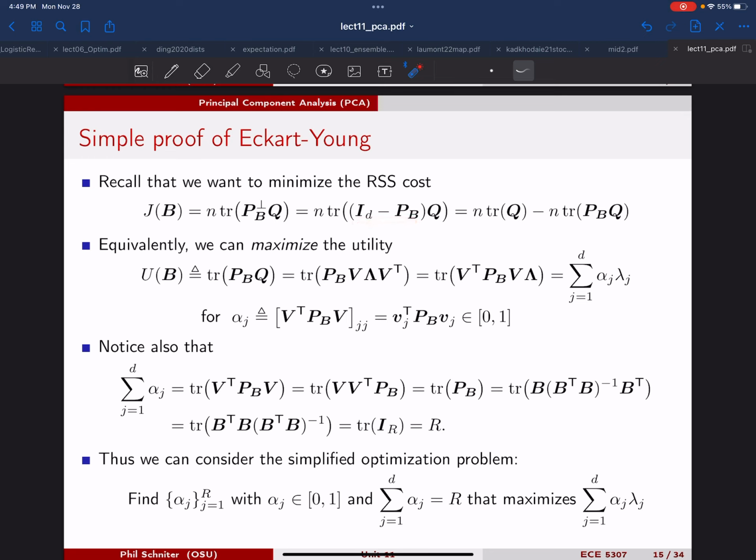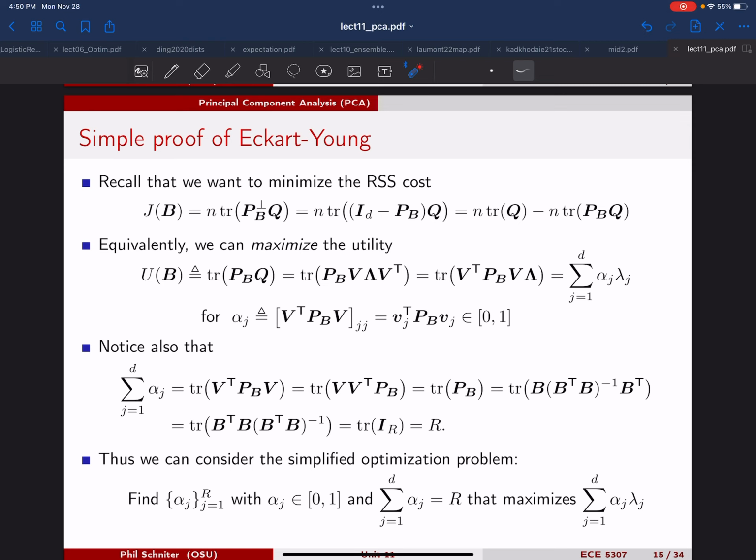And then we can expand this. We have I times Q minus PB times Q, which gives us two terms. And since we're optimizing this over B, we don't really have to worry about this first term. Because of the negative sign, if we want to minimize this, we just want to maximize this part. So let's define that as a utility, not a loss, but a utility.